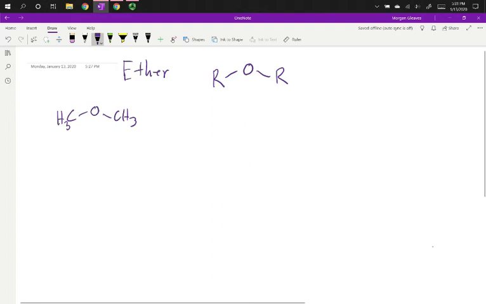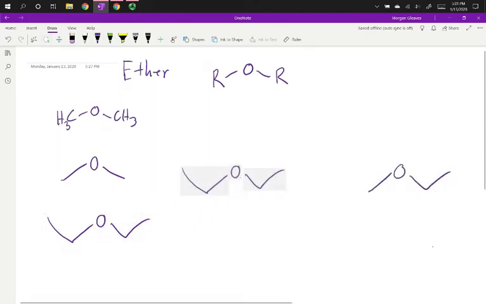The way that worked, let's draw a few. I've got my methyl, so CH3OCH3. I can also have two carbons in a row. I can have one carbon and then two carbons. There's a couple ways you can put stuff together. Well, the old nomenclature didn't use suffixes.